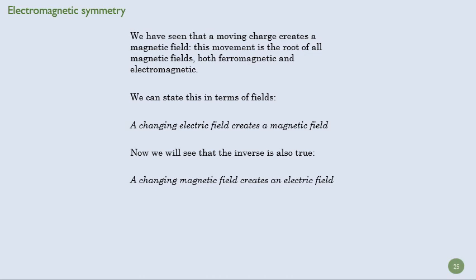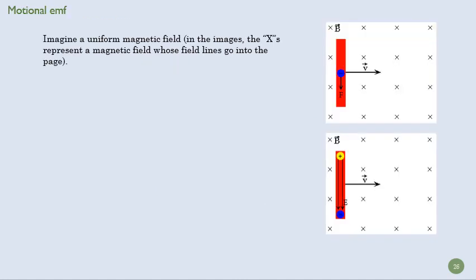A changing magnetic field creates an electric field. And that's going to become more important to us as we think about the practical uses of a magnetic field. That's the heart of that symmetry between electric and magnetic fields.